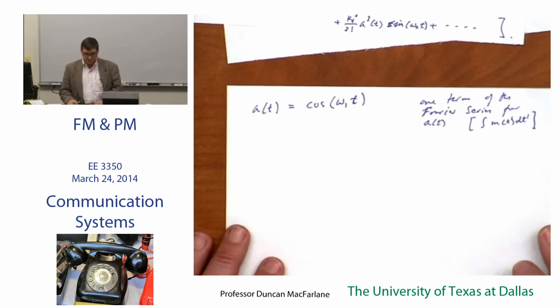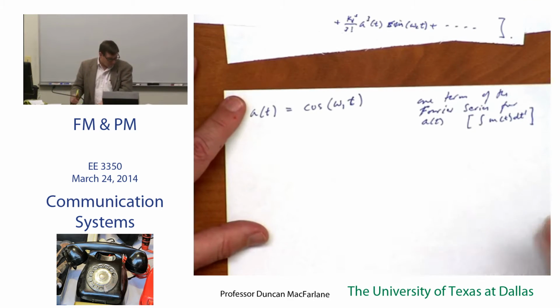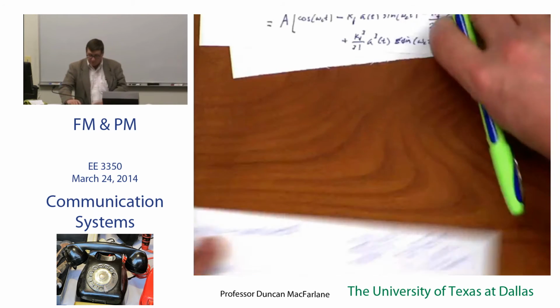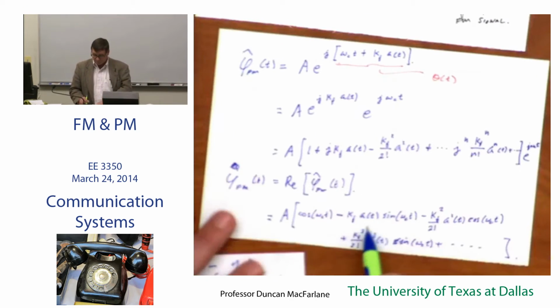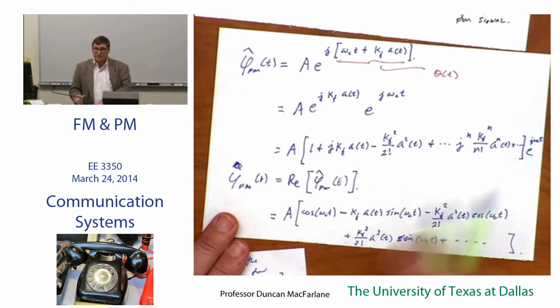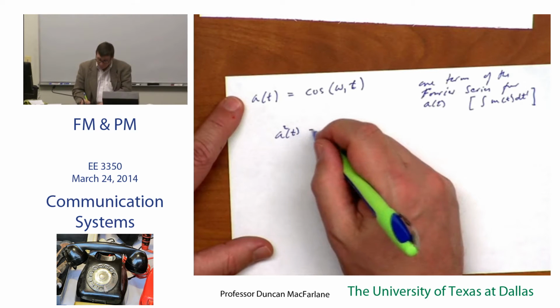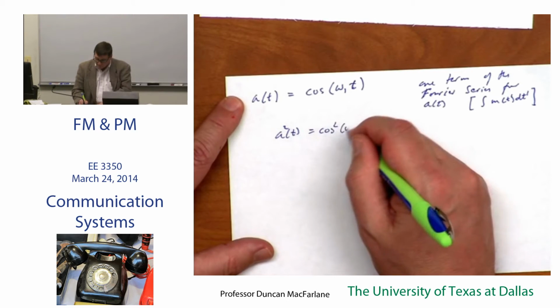Okay? So A of t, or rather, and that's what would go here. A squared of t will be cosine squared of omega 1t.